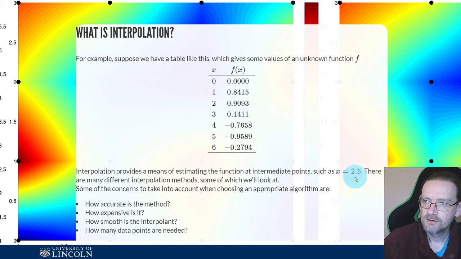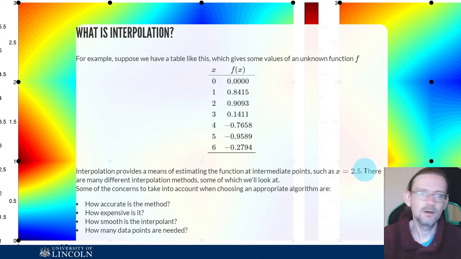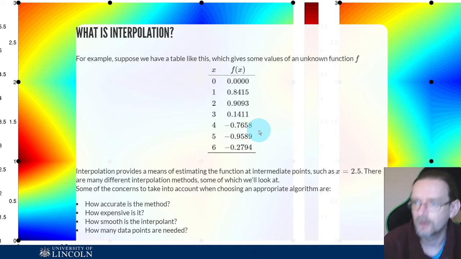And suppose that we suddenly want to know what is the value of our function at x equals 2.5. And so, depending on the shape of the data, etc., we might want to use different methods to make an estimate of what the value is at 2.5.